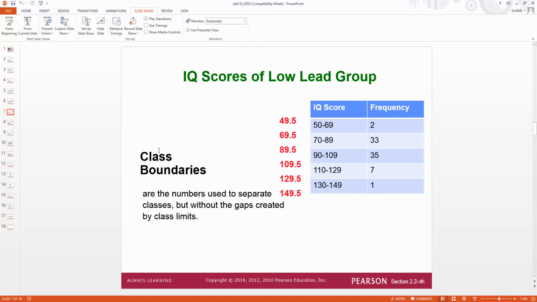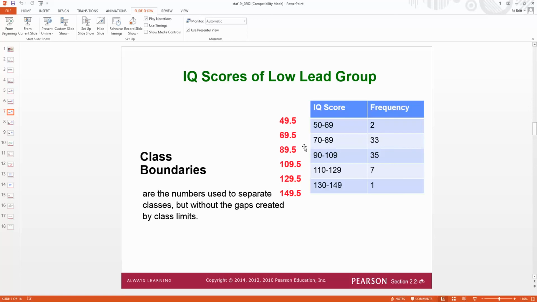The way that you get class boundaries now is you subtract 0.5 from the smallest lower class limit, which would be from 50. So 50 minus 0.5 is 49.5. And then to get the other class boundaries, you add 0.5 to each upper class limit. So add 0.5 to 69, you get 69.5.